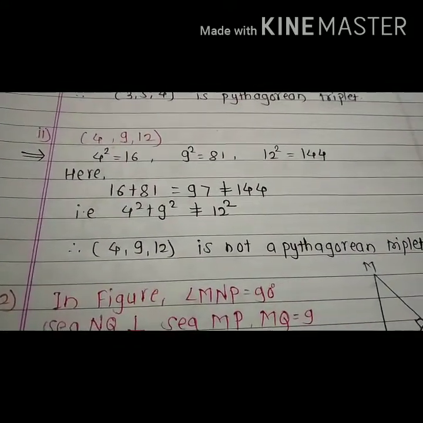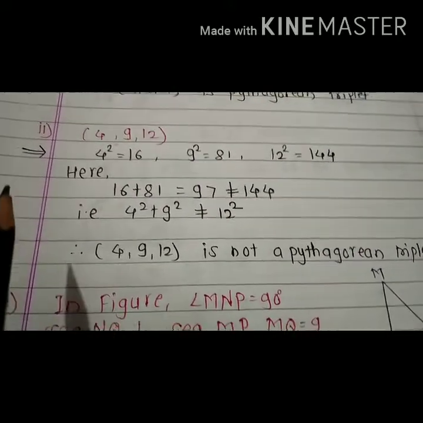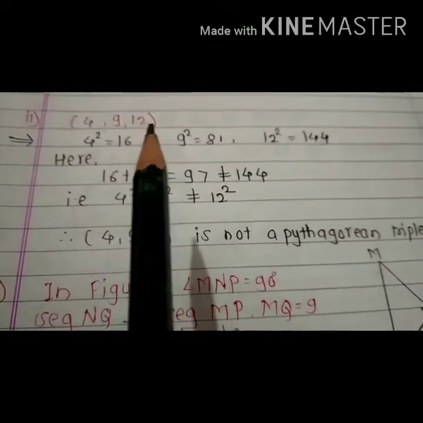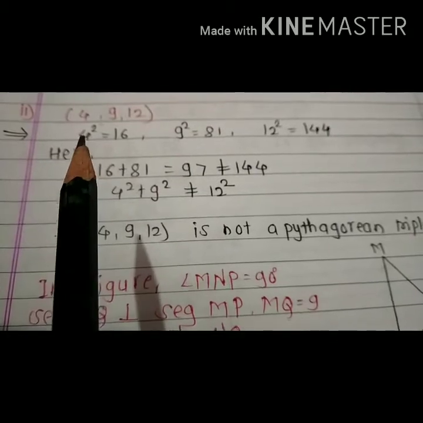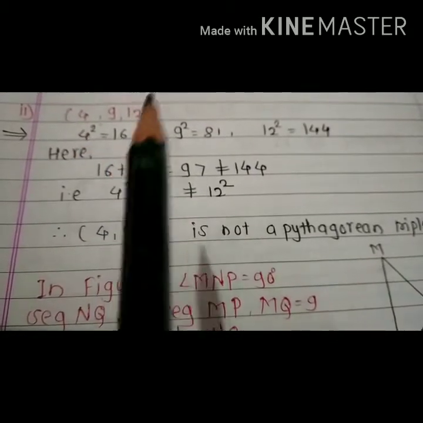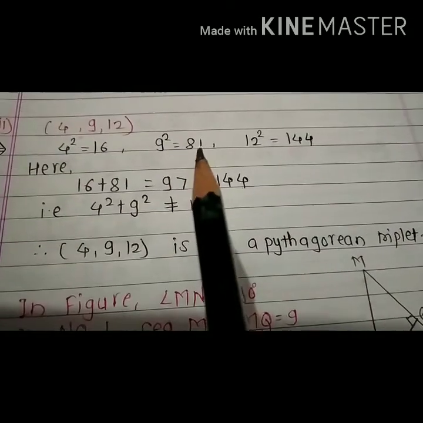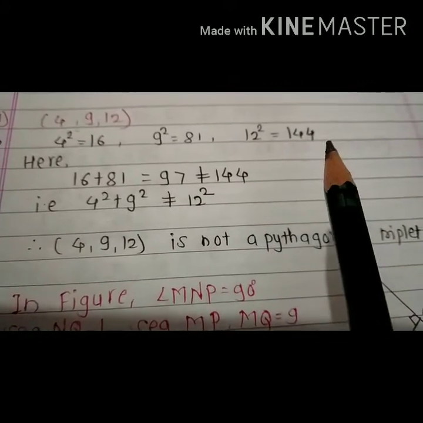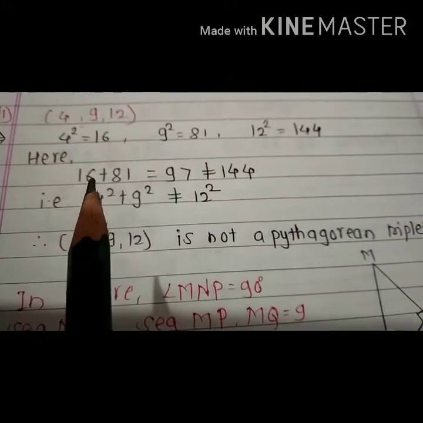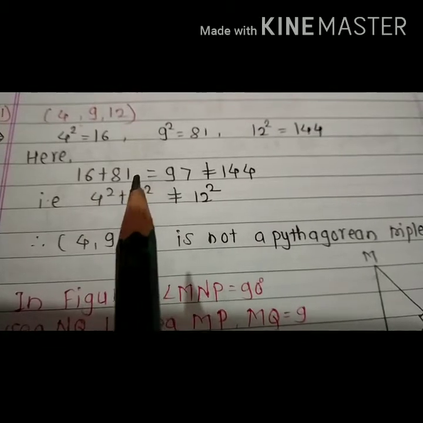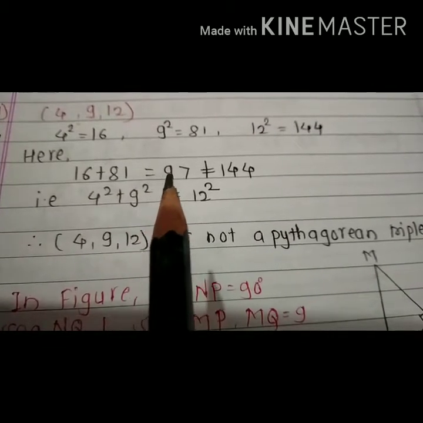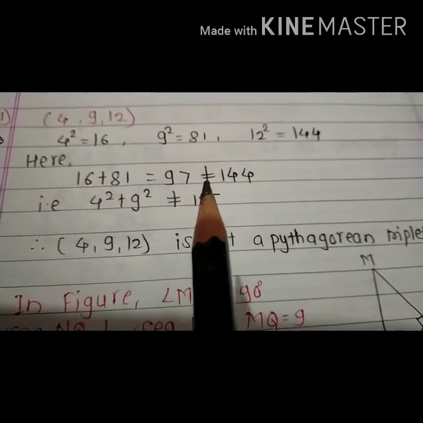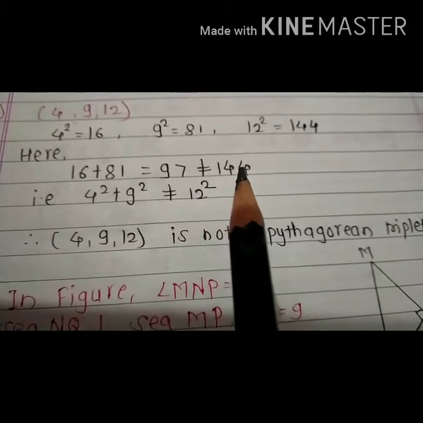Now we discuss second example, 4, 9, 12. 4 square is equal to 16, 9 square is 81, 12 square is 144. Here 16 plus 81, which is equal to 97, which is not equal to 144.